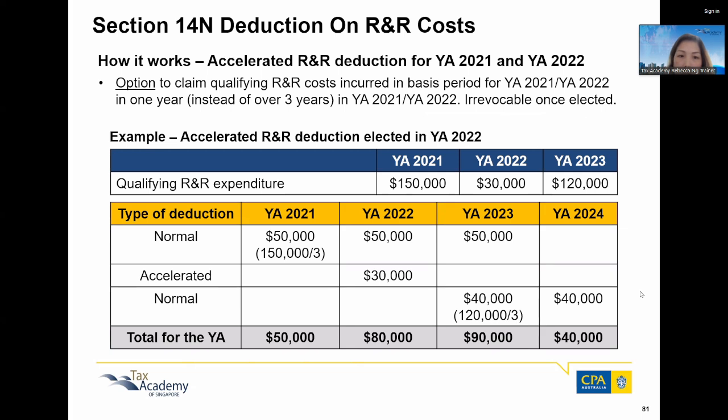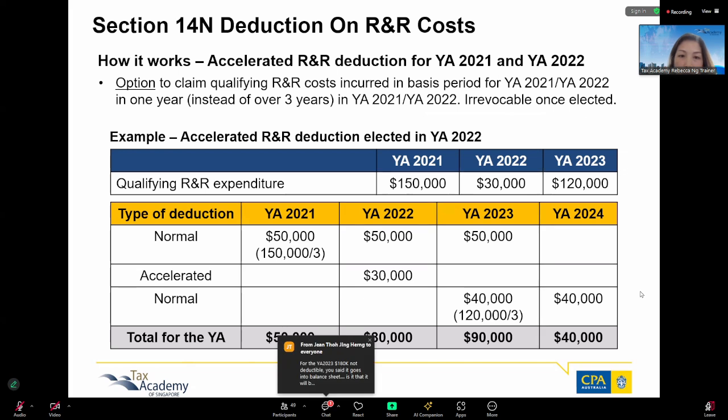And whether accelerated or not is in which year you are going to claim that 120,000. Are you going to claim it over a period of 3 years, or in 1 year? So for year of assessment 2023, because there is no accelerated option, you can only claim over 3 years. So there are two parts.